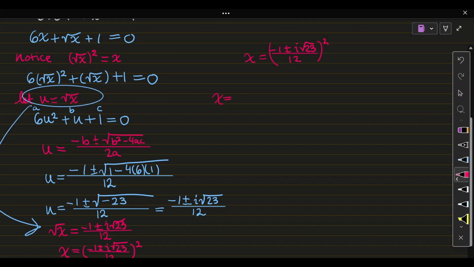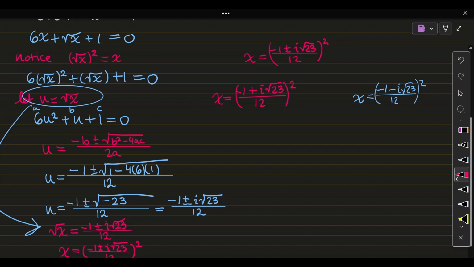So x is equal to negative 1 plus i square root 23 over 12, squared. And x is equal to negative 1 minus i square root 23 over 12, squared.